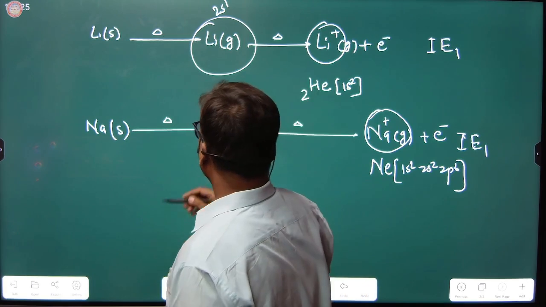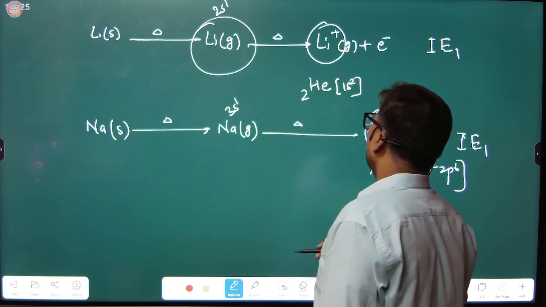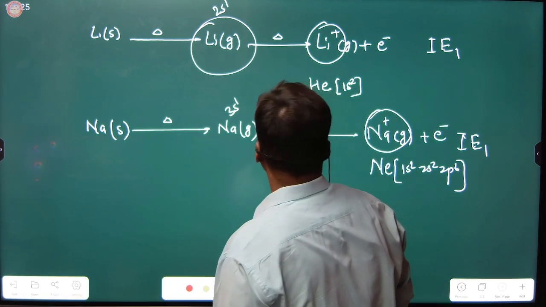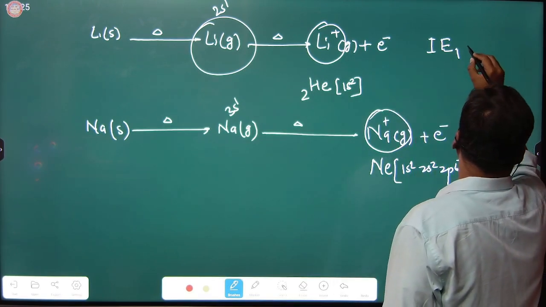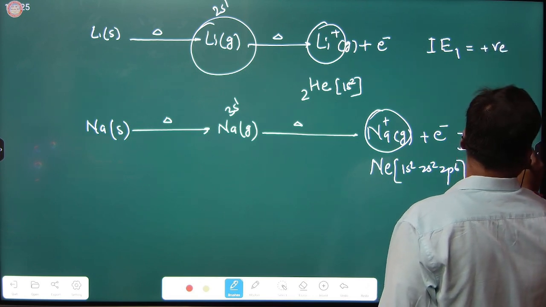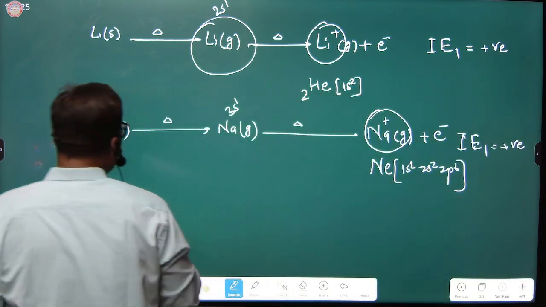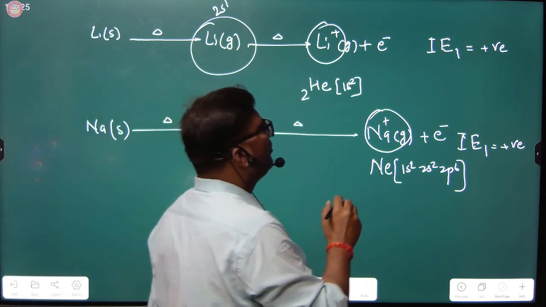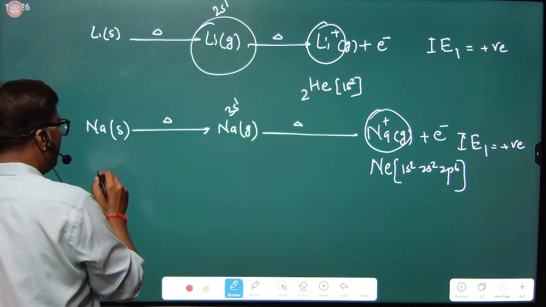So the energy required to remove this valence electron will be very, very high, and that is a positive quantity. So IE1 for lithium is greater than sodium.